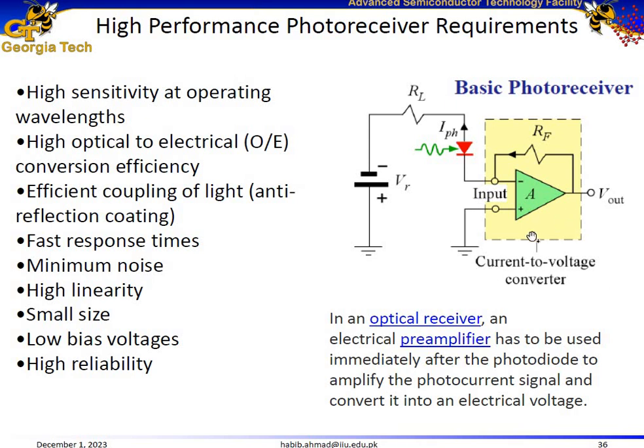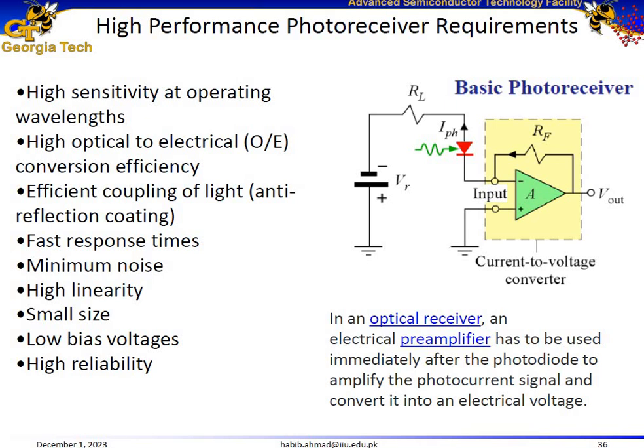Now, here are the components of a basic photoreceiver, in which we have a photodiode, a load resistor, and a reverse bias voltage. The incoming incident photons result in the generation of electron hole pairs, resulting in a photocurrent across this circuitry.